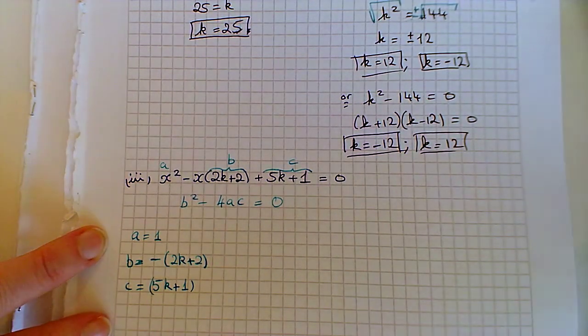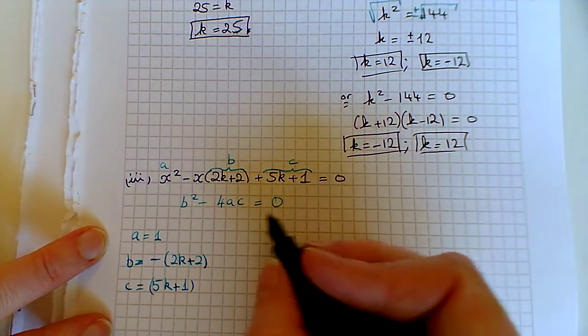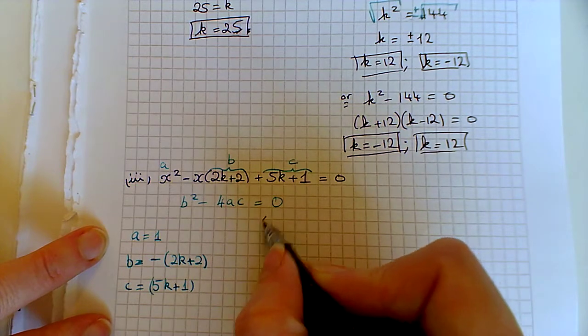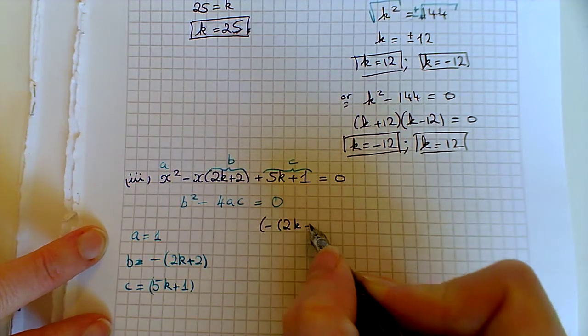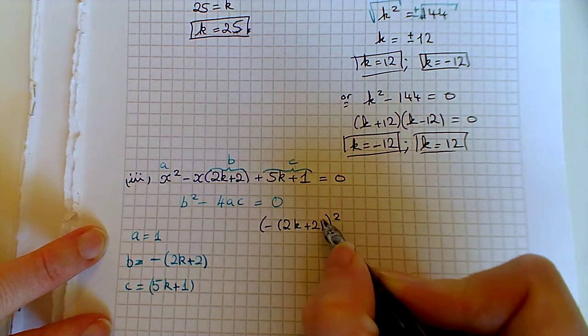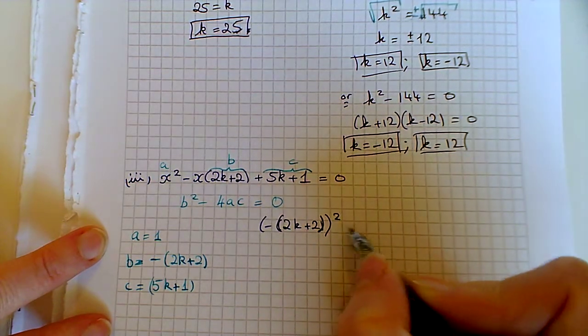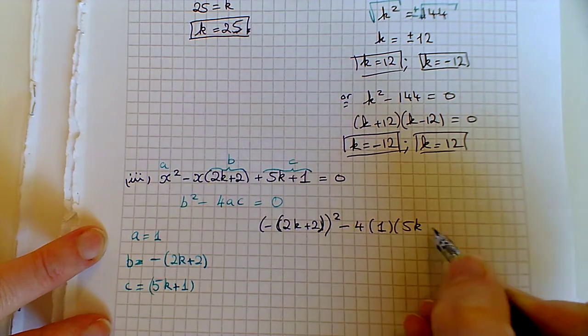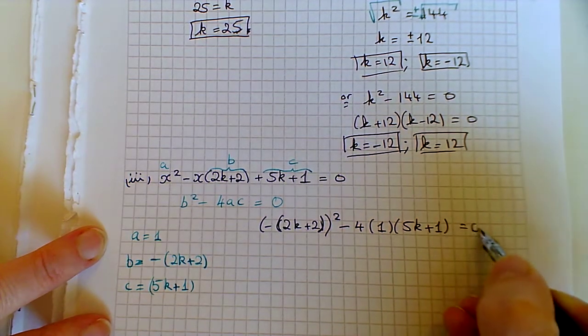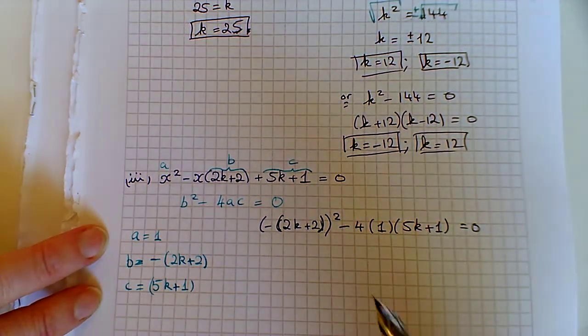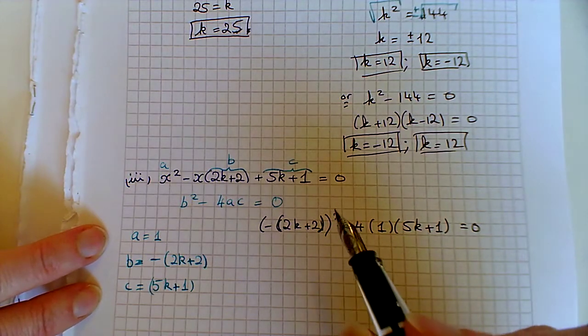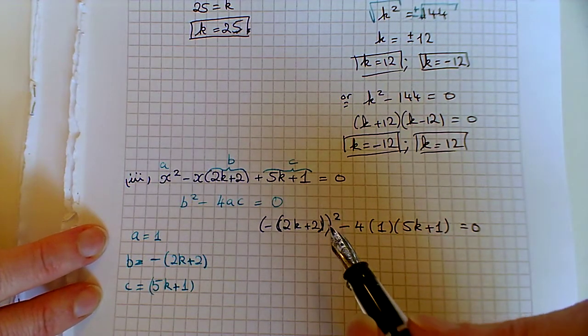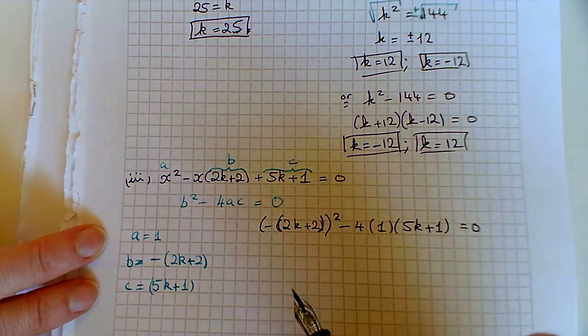And when I fill into my discriminant formula there, I have that b squared, minus 2k plus 2 all squared, minus 4ac is equal to 0. If you forgot the minus, you'll find that you actually got the same answer, and you won't get penalised any marks for that.